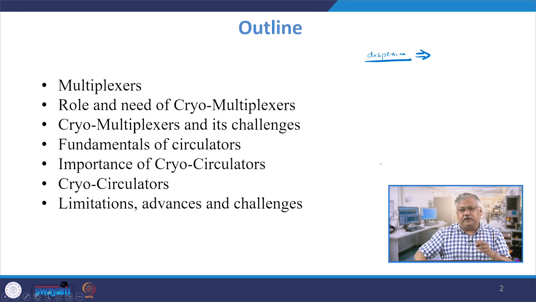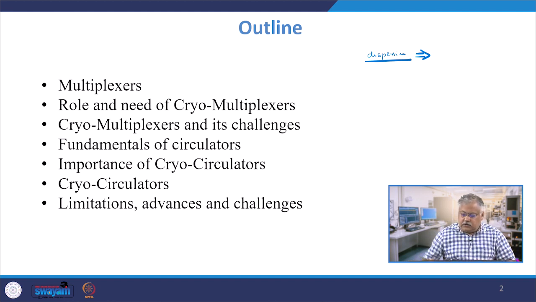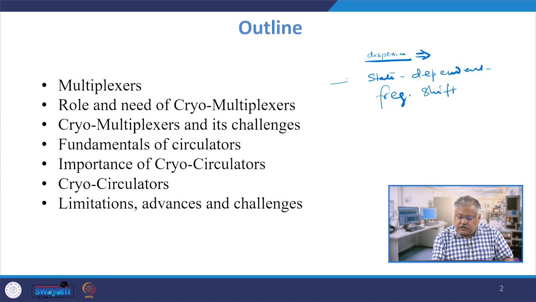So, basically what we do is that we send a microwave signal that goes to the qubit, gets reflected back, and as it reflects back you measure the frequency of the signal which has been reflected back, and then try to corroborate the state of the qubit by looking at the change in the frequency of the signal. This is known as a state dependent frequency shift. So, depending on the state of the qubit, a qubit state dependent frequency shift is there.